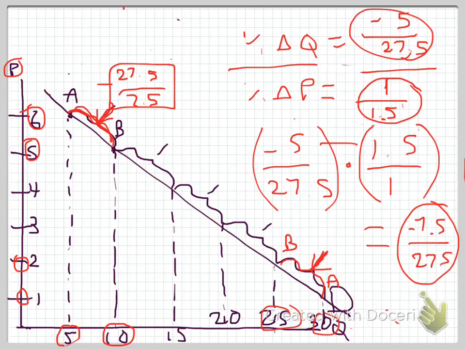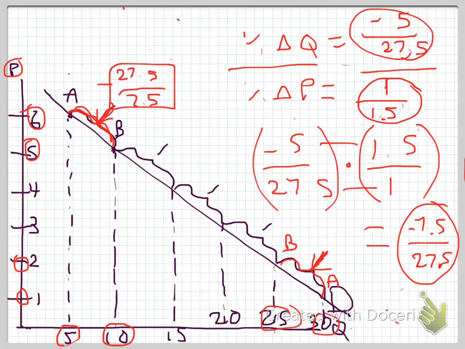So that's what this value is going to be.